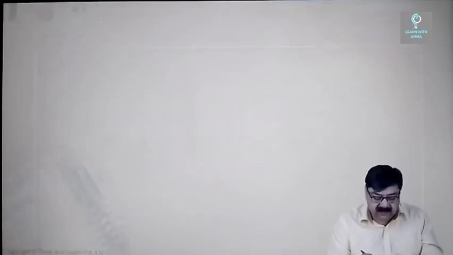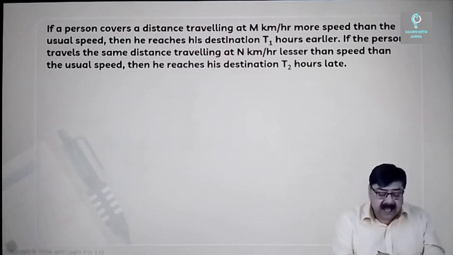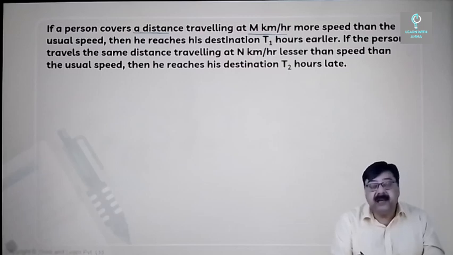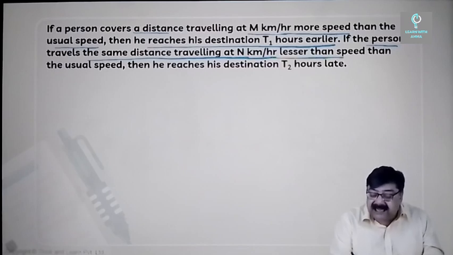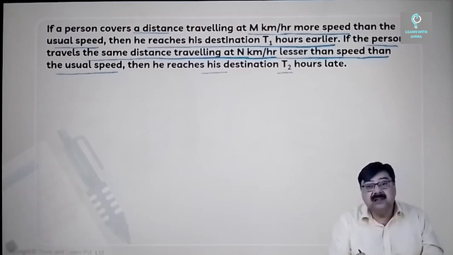Now, in such a case, we will use one concept. If a person covers a distance traveling at m km per hour more speed than the usual speed, then he reaches his destination t1 hours earlier. If the person travels the same distance traveling at n km per hour lesser than the usual speed, then he reaches his destination t2 hours late.